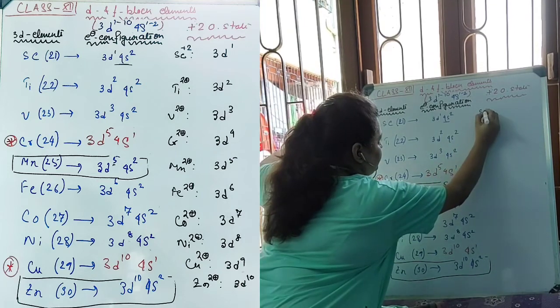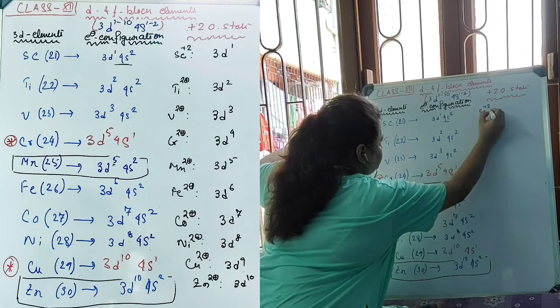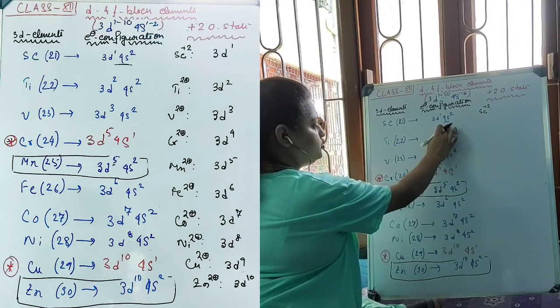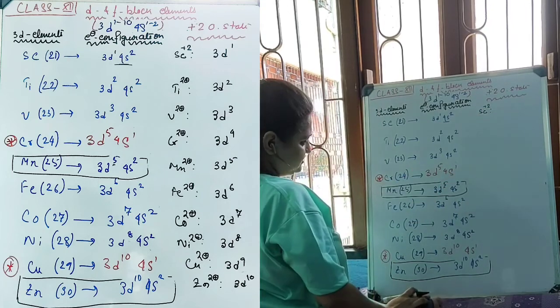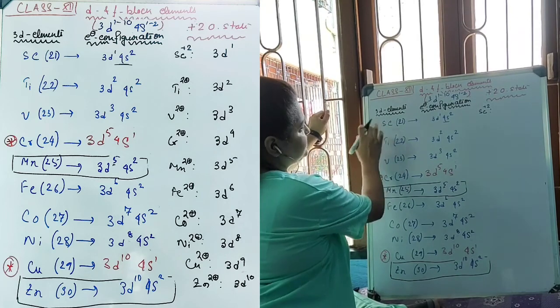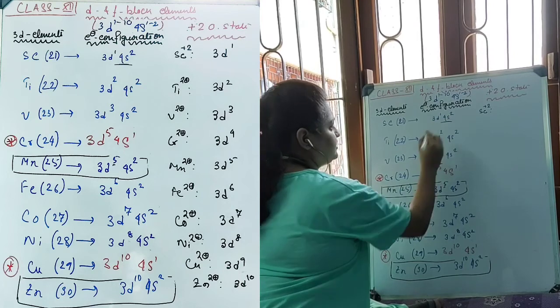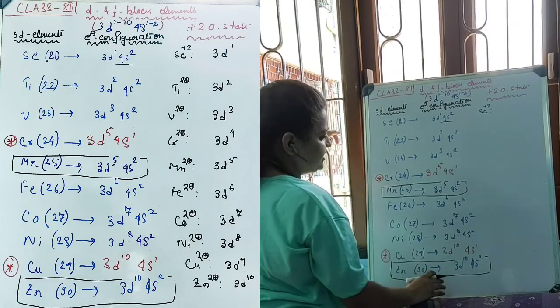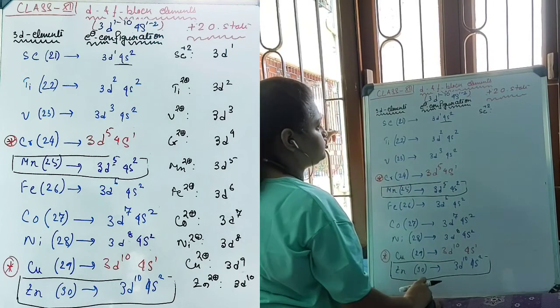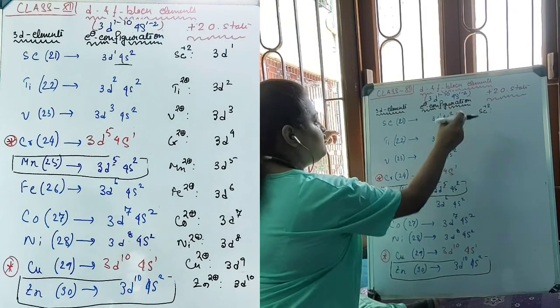For scandium +2, 2 valence electrons leave from the neutral scandium atom. The valence orbital is 4s for all these elements. Therefore, the first electron that will leave is from the 4s.